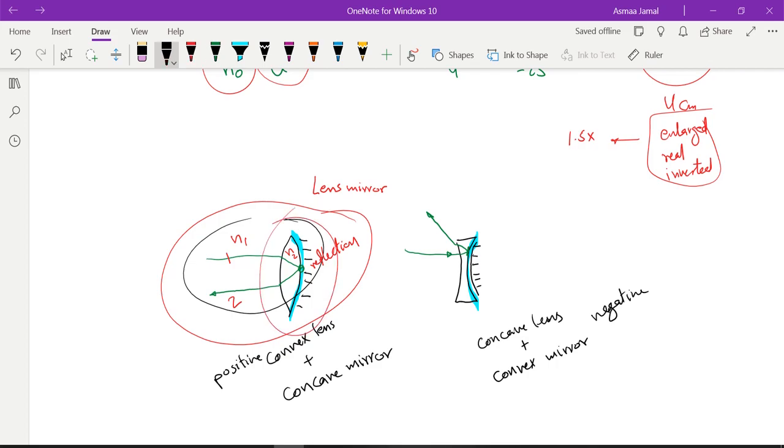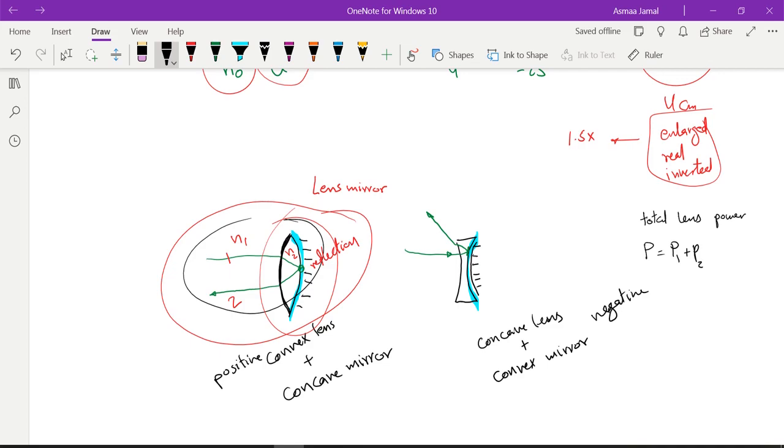All the refraction occurred by the first surface or the front surface. So we will depend on the surface that caused the refraction. If you remember, when we need to find the total power of the lens, we will add the front surface power to the back surface power.